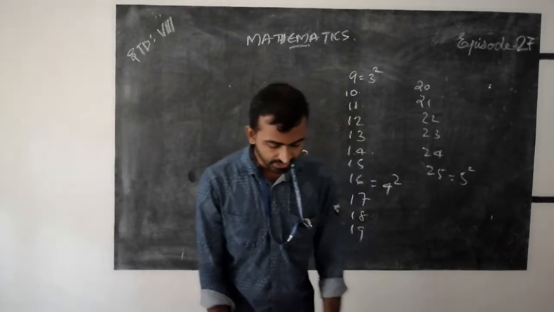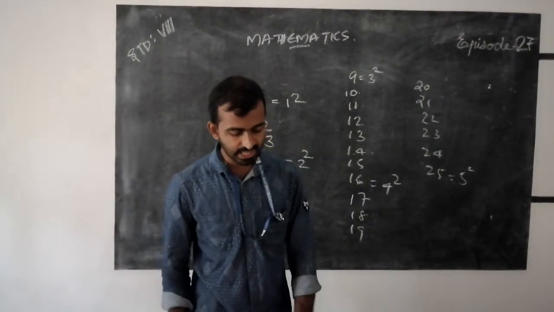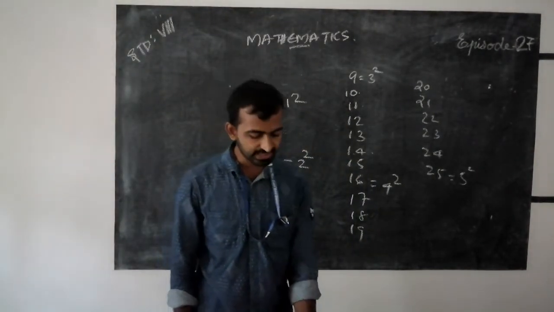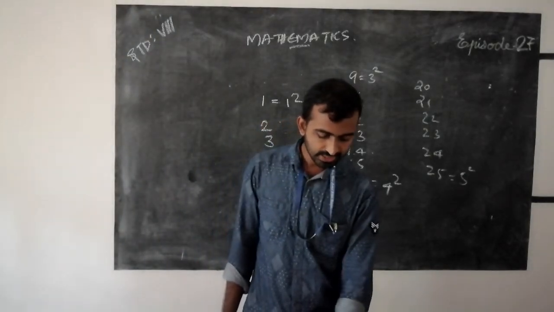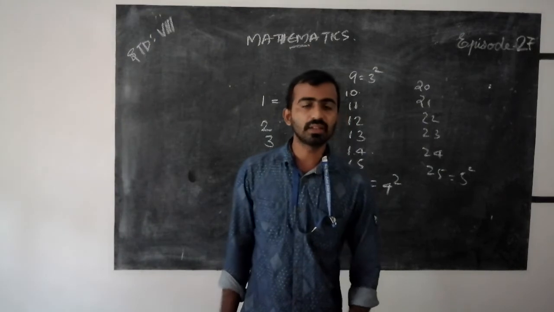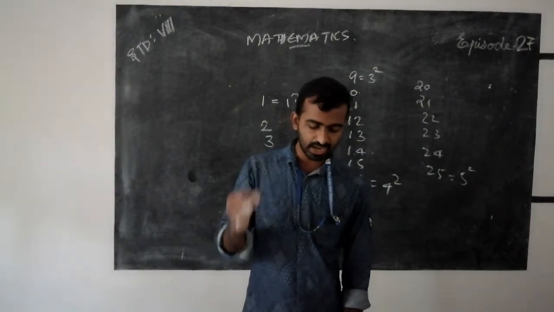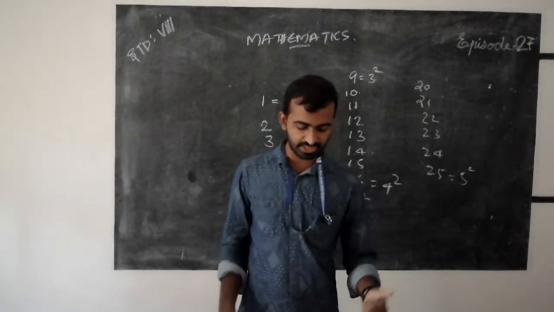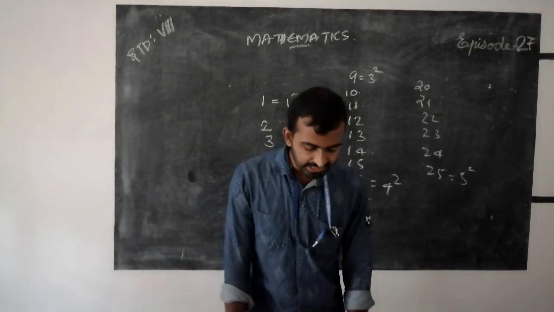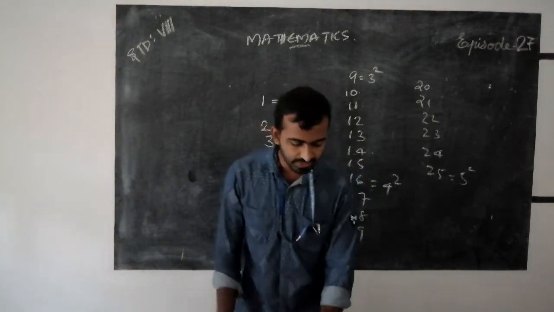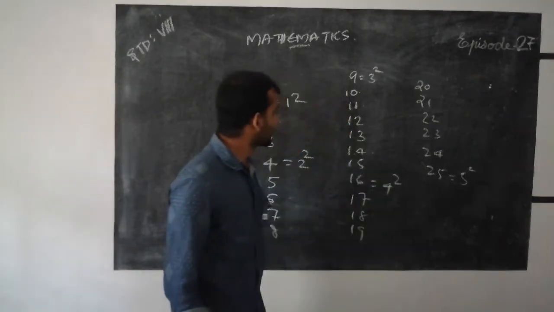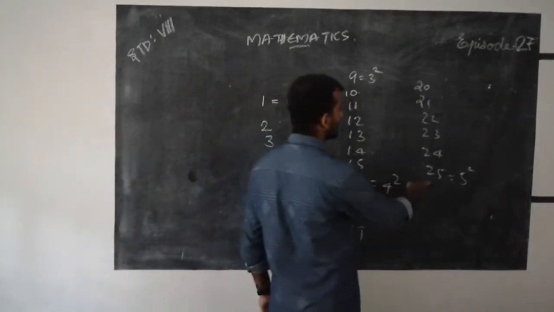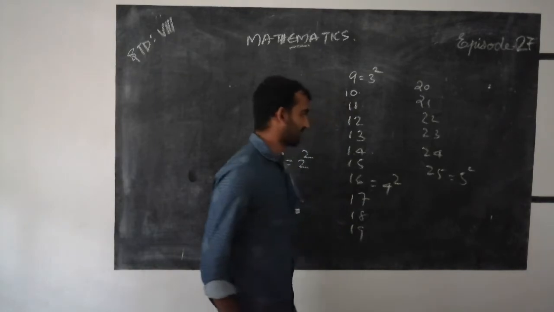Another way we can normally say, for example in your textbook, the numbers between 9, 3 square, and 16 are 10, 11, 12, 13, 14, 15. That is 6 non-square numbers between 2 squares. Next we discuss 16 and 25, we get 8.